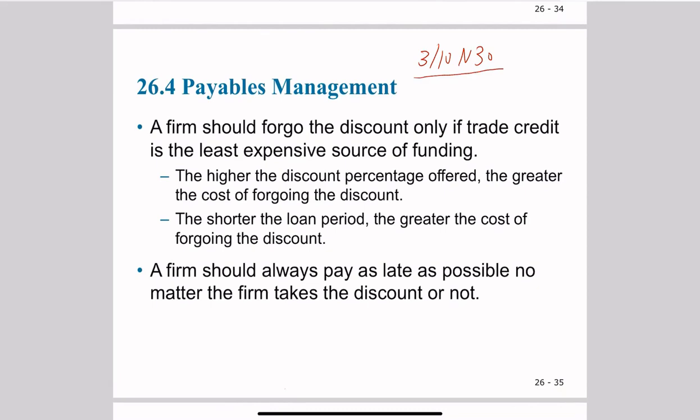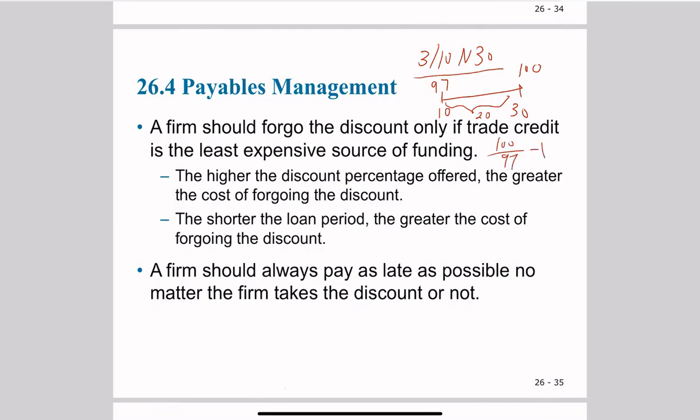Because it basically means that on day 10, you can pay 97, or on day 30, you can pay 100. So over the period of 20 days, you will have an interest rate of 100 divided by 97 minus 1, right?